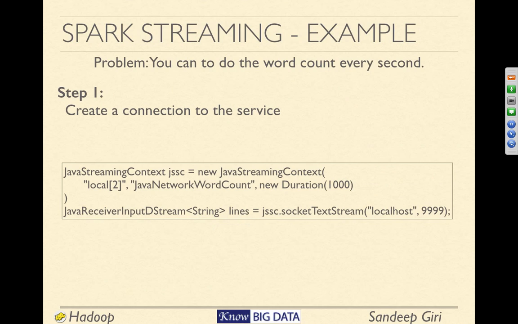Let's have a look at the end-to-end solution built on top of Spark for streaming. First of all, as we start Spark streaming, we make a connection to the data source, and while making the connection we say that whatever is the input, convert it into these window sizes, which we define here in terms of duration as 1000 milliseconds.